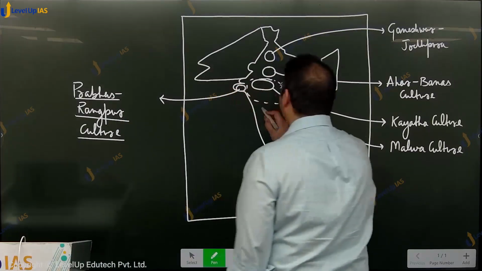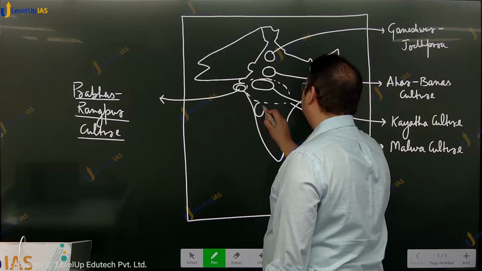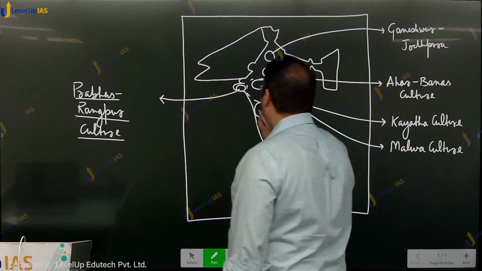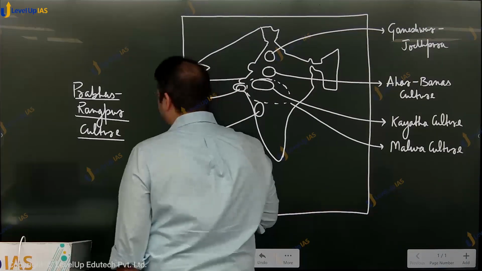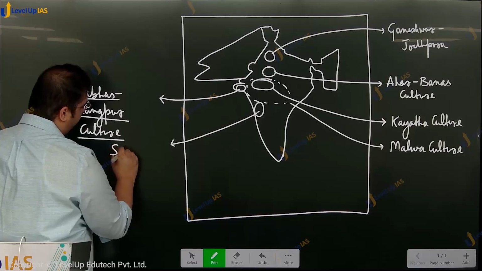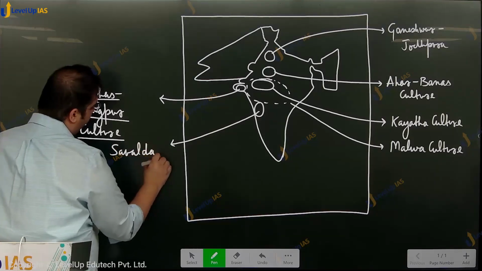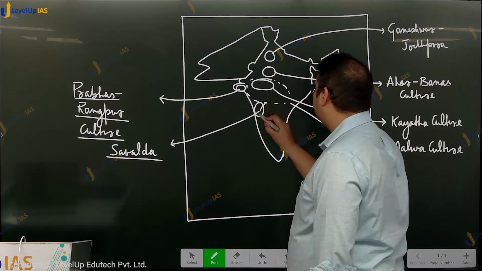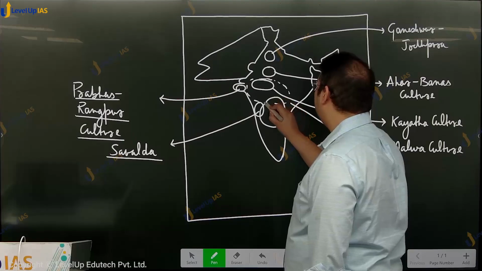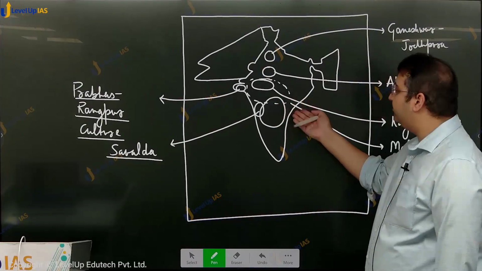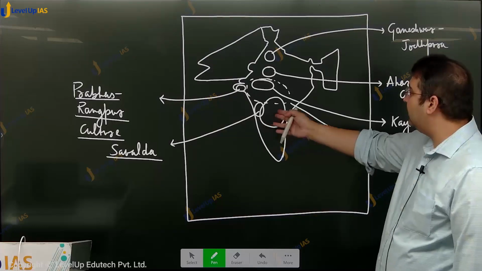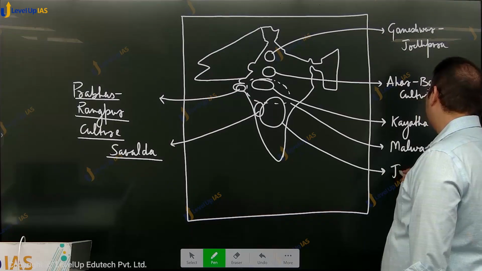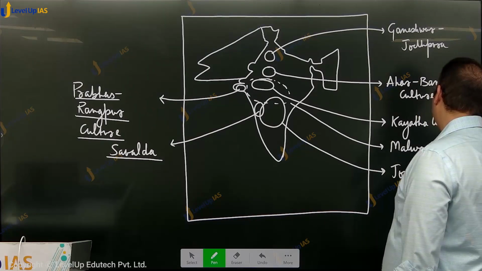Then further to the south, in the Dhule district region and Pune district region, another Chalcolithic culture known as the Savalda culture emerged. And in the same vicinity, another much more extensive and developed network of sites which overlapped with both the Savalda cultural zone as well as the Malwa cultural zone emerged, known as the Jorwe culture.